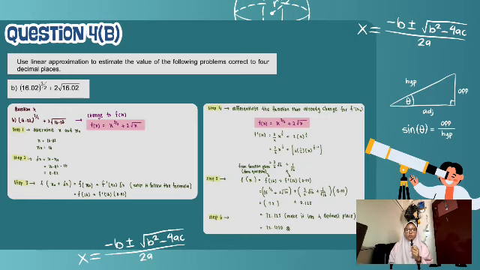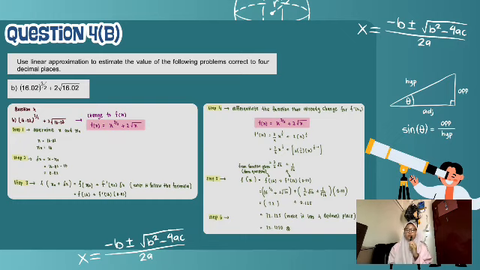So after differentiating, we got 3 over 2 times x to the power of 1 over 2 plus 2 times 1 over 2 times x to the power of 1 over 2 minus 1. Then we simplify, and we got 3 over 2 times square root of x plus 1 over square root of x.